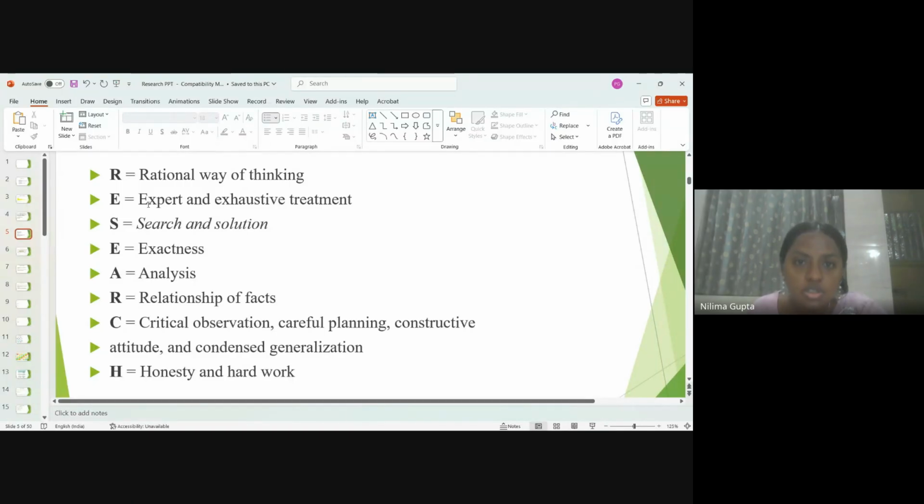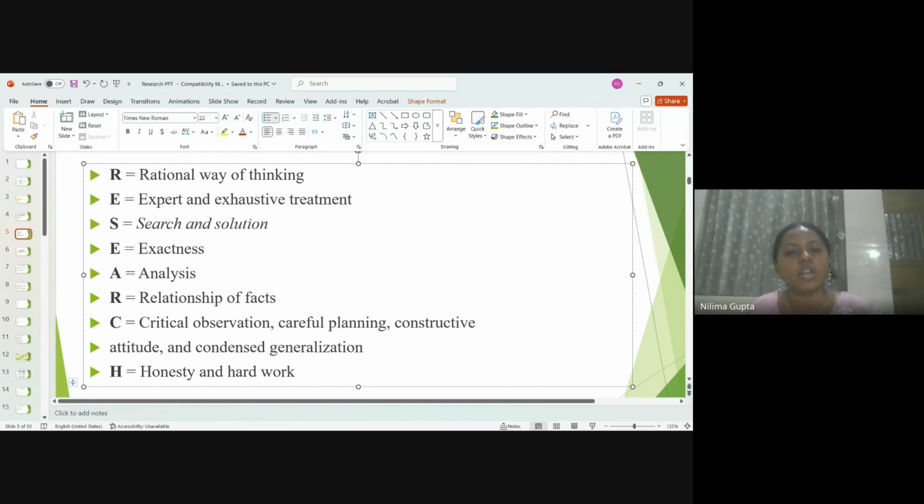Next, when we do research, we need expertise, and that is why we learn about all types of error, the sampling, the design, and other things. And it is a very exhaustive treatment. It's a long process. You cannot just go and do a research within 2 days, 3 days. There are certain types of research which can be done in a very short span of time, but even that short span is a little big time that we will be taking.